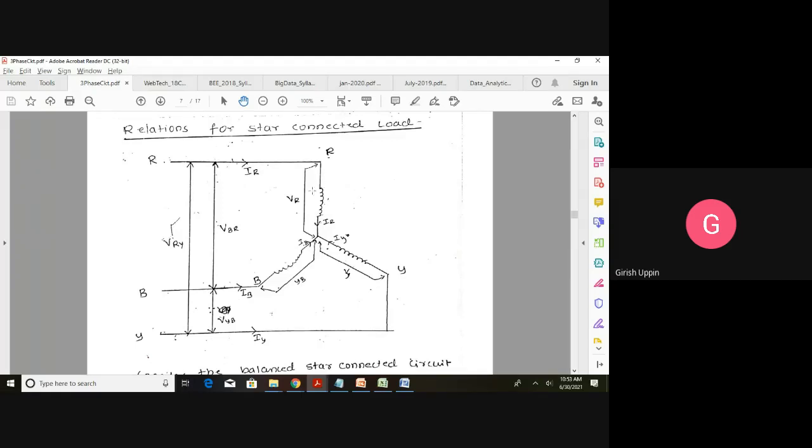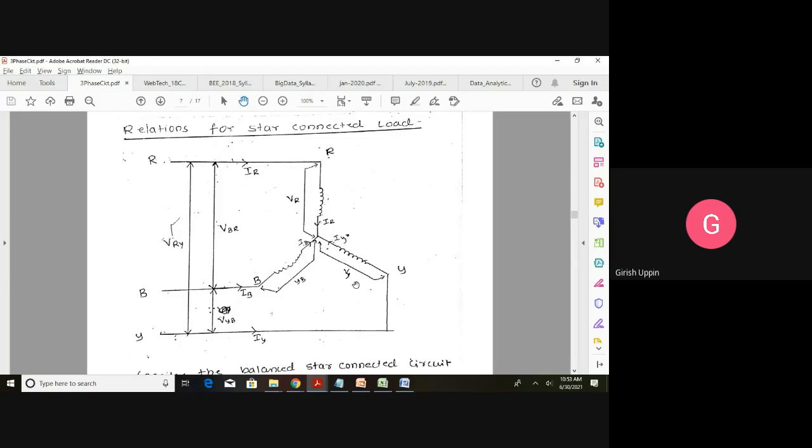The voltage across the phase is called the phase voltage, and the current flowing in the phase is called the phase current. Here the phase voltage is VR and phase current IR, and we represent them as V subscript PH, VPH, and current IPH. So I phase and V phase.